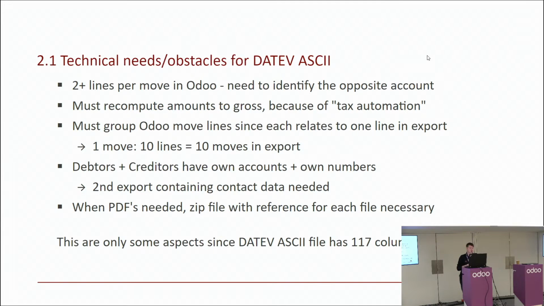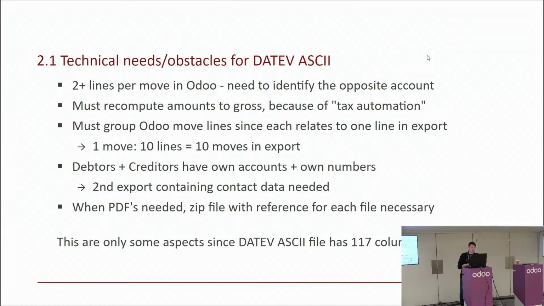And also in Germany, it's common that you have own debitor and creditor accounts, which is not necessary in Odoo. And therefore you need own account numbers for those, which means you need to do a second export if you want to have the complete contact data in the external software that contains the address and the account number and so on.